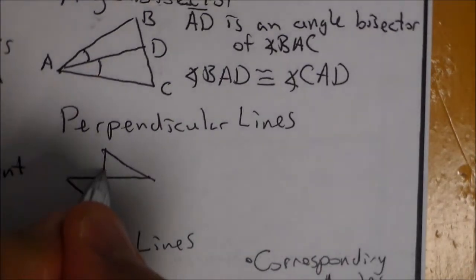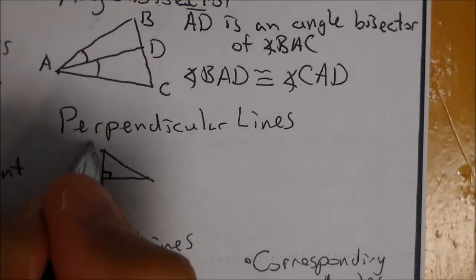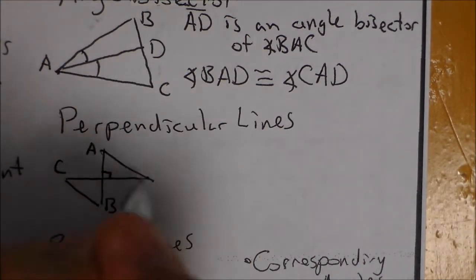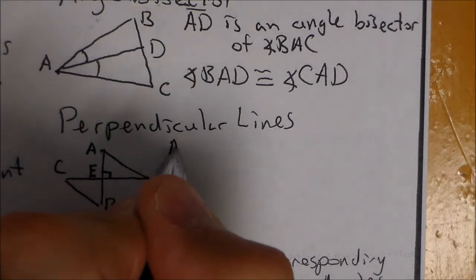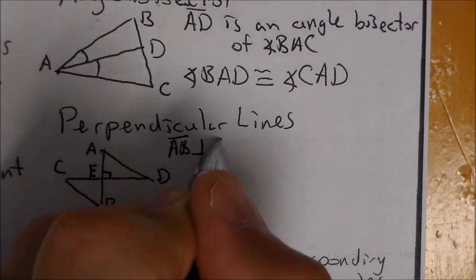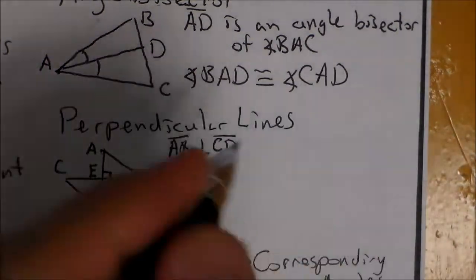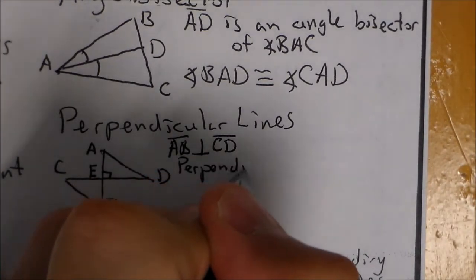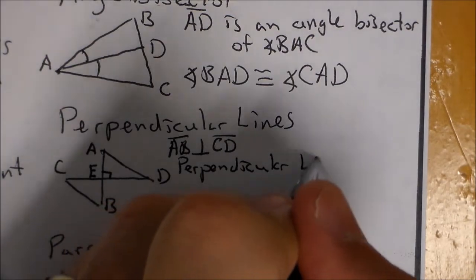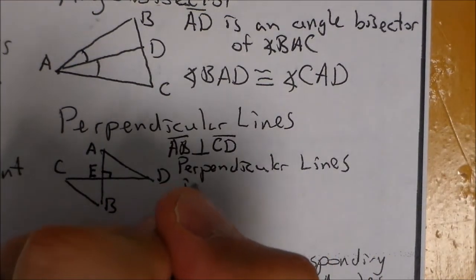Next is perpendicular lines. Whenever we get perpendicular lines, we could put in A, B, C, D, and E. We could read this as something like AB is perpendicular to CD. That's using the perpendicular symbol. Now we have a process we're going to look at, and it depends on what we're looking for. First off, we know that perpendicular lines intersect or form right angles.